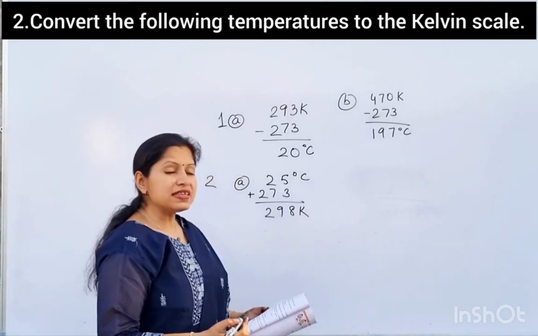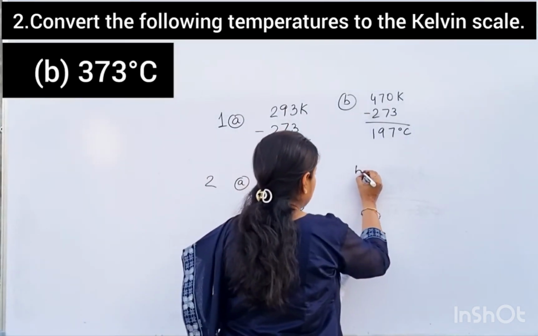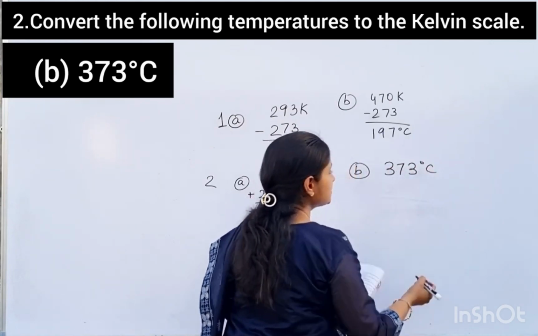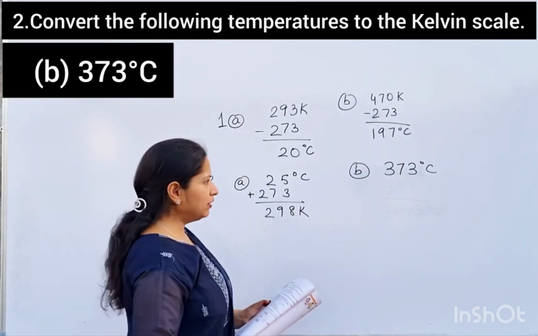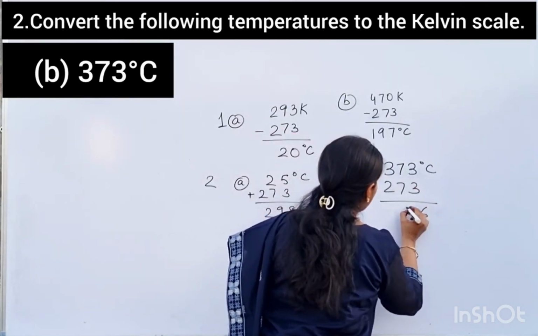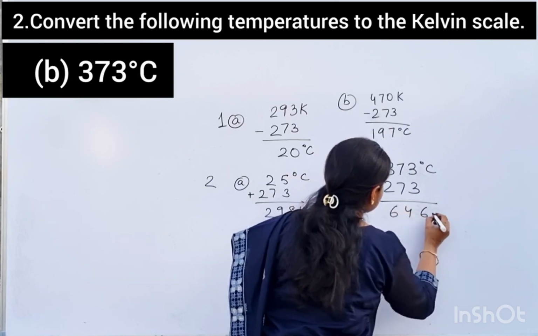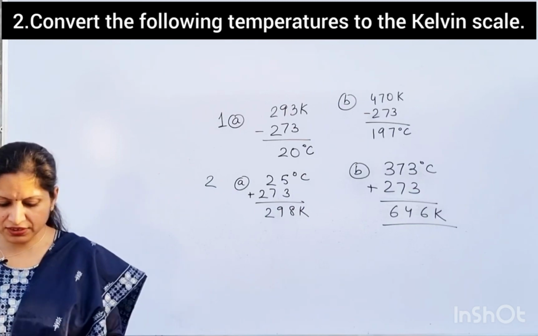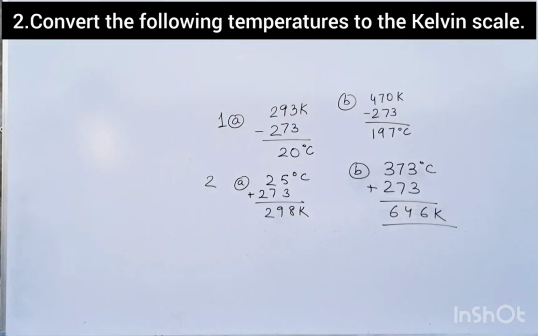Okay. Now, second part में the temperature is 373 degrees Celsius. We have to convert it into Kelvin. तो ऐड करेंगे 273 and that will make it 646 Kelvin. So our answer will be 646 Kelvin. I'll shift to the side. So if you want, you can take a screenshot of question number 1 and 2.